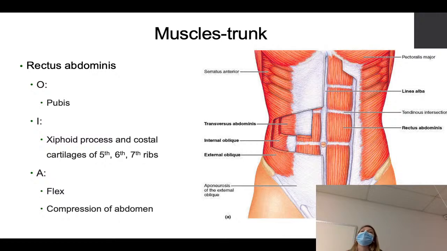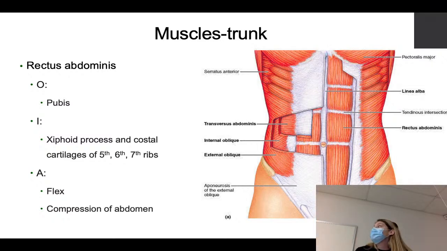It's also going to be on the costal cartilages of the 5th, 6th, and 7th ribs. Costal cartilages were those kind of jelly parts, right? So we can always count down: 1, 2, 3, 4, 5, 6, 7. So 5, 6, 7, the costal cartilages of those ribs.